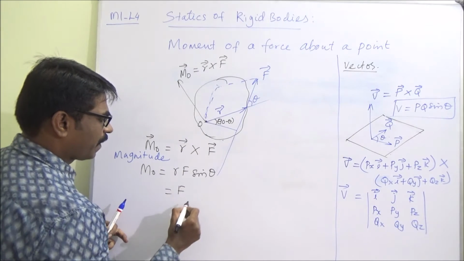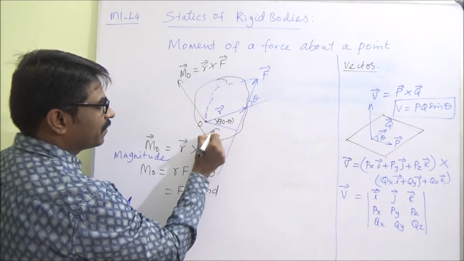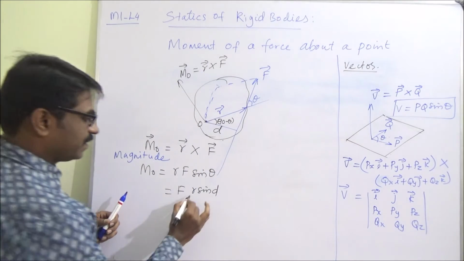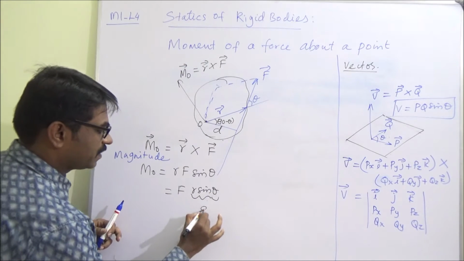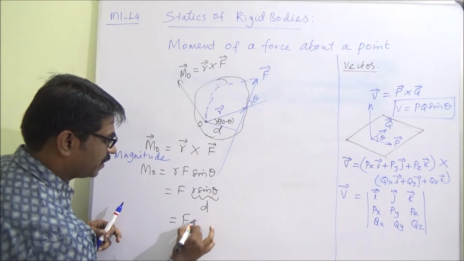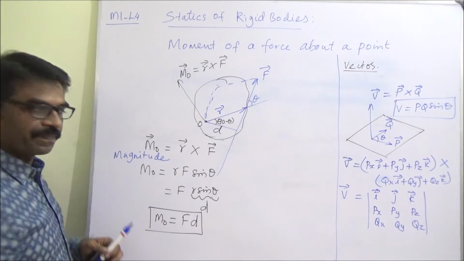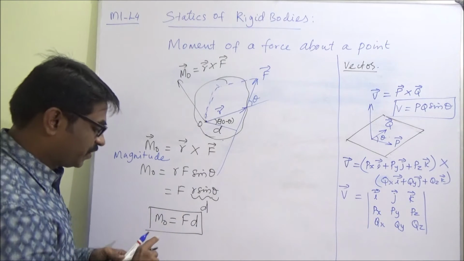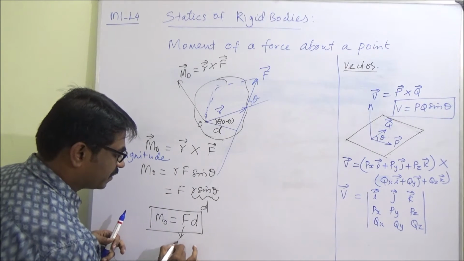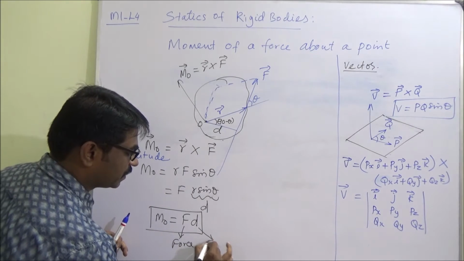F times R sin theta, and if I take R sin theta as D, it is nothing but F into D. So the magnitude of the moment is force into perpendicular distance.